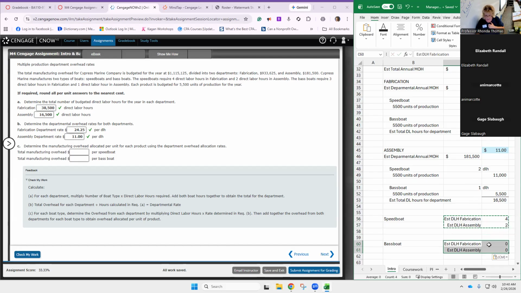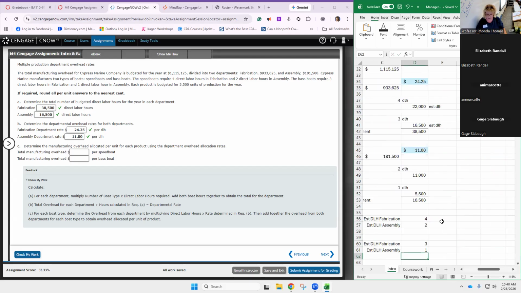Some of these problems get a little bit long, and I understand. Okay, so now we want 3 hours for fabrication for the bass boat, and then 1 hour for assembly of the bass boat. And then the last thing we're going to do is take the rate, right?